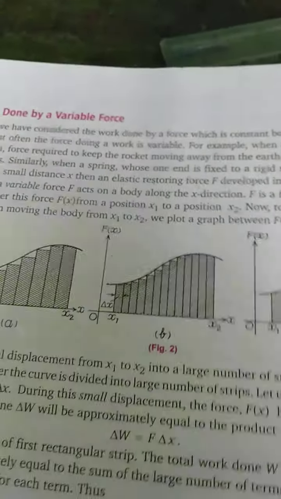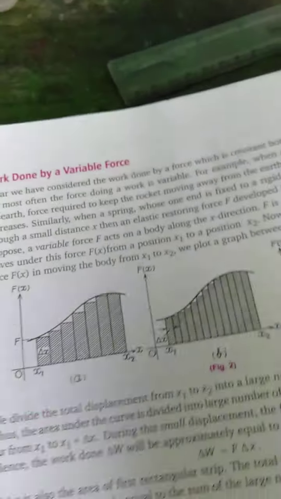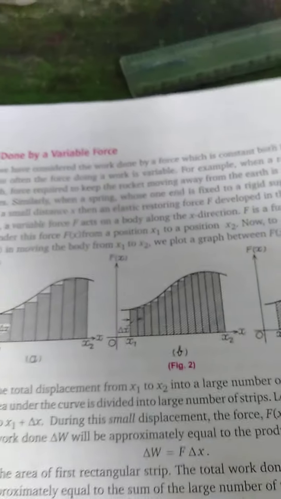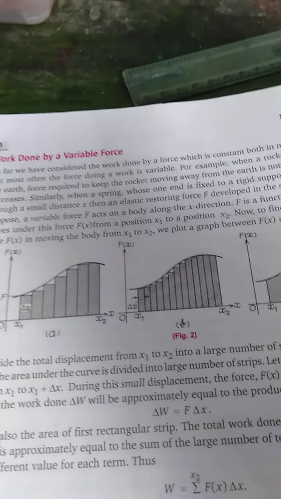Till now we are studying about the work done by a constant force. Now let us study about the work done by a variable force. See, if the scenario is this, that the force is varying, due to some way the force is varying.